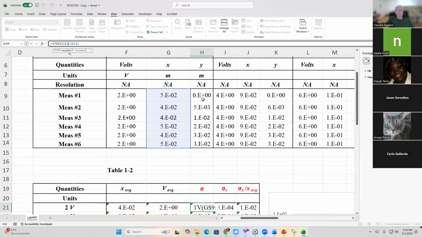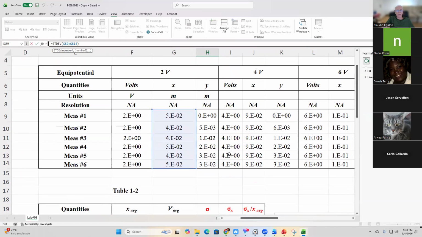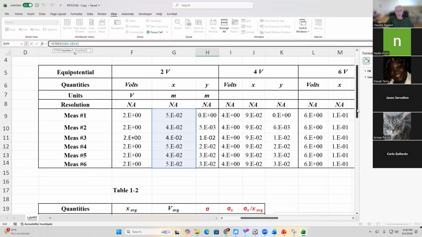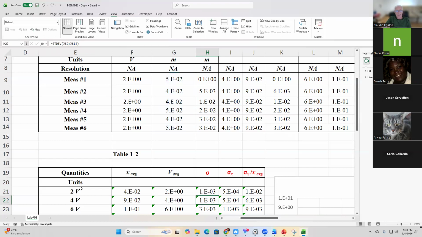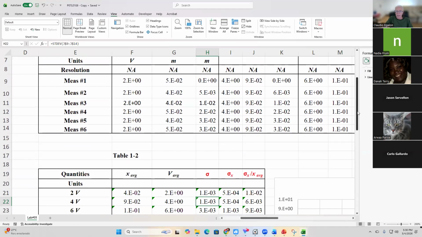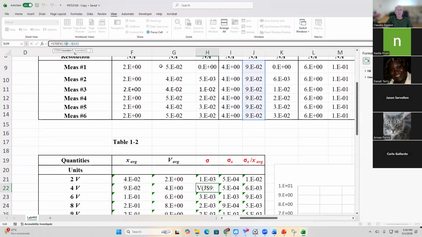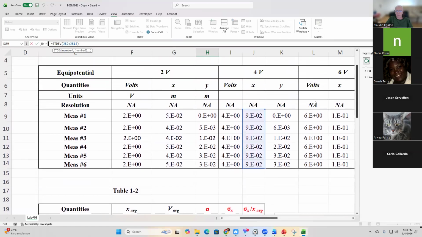I'm calculating the standard deviation of the first X value, of the first equipotential of X, because it's for the 2 volts, for the equipotential of 2 volts. The next standard deviation is going to naturally be the standard deviation of the X position of the 4 volt value, and so on.